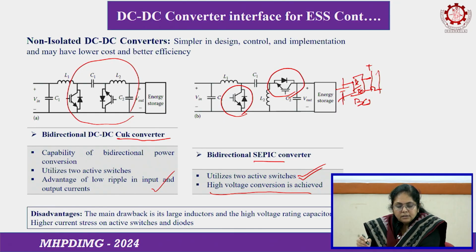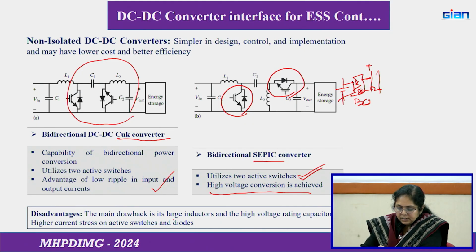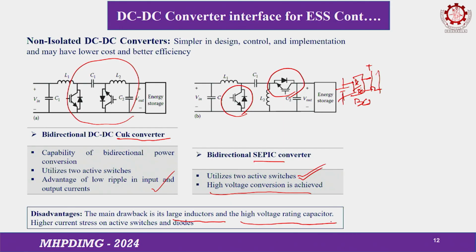Also, it gives a high voltage conversion ratio. So, this is the advantage, whereas the main drawbacks of the Cuk and SEPIC converters are that they need a large inductor and high voltage rating capacitors, as they give a higher voltage conversion ratio, and also higher current stress on active switches as well as on diodes. So, these are the two topologies which are used, but having these disadvantages.